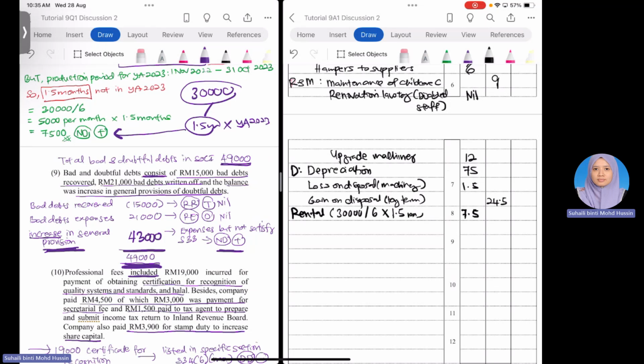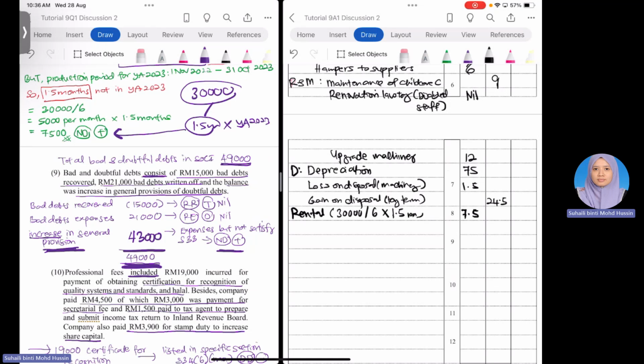And this is a revenue receipt. Why is it a revenue receipt? Because it involves the debtor, and you sold the goods to your debtor on credit. After many attempts to collect the debts from the debtor, you give up, you write off, and then suddenly the debtor comes back and you receive the payment from them. So 15,000 is a revenue receipt. In taxation, a revenue receipt is the amount that is subject to tax.